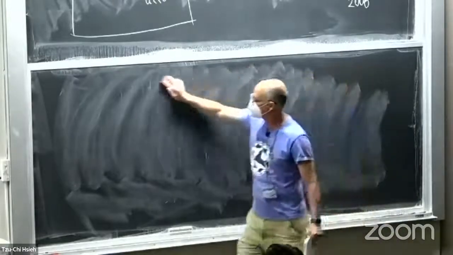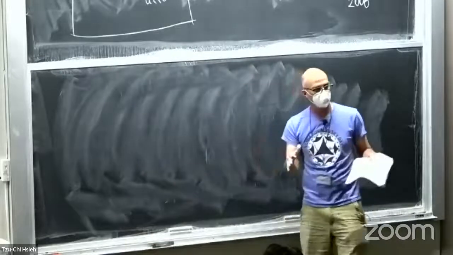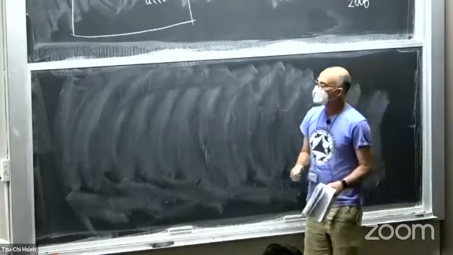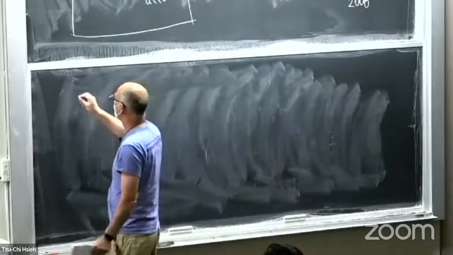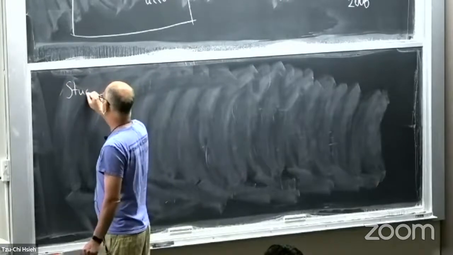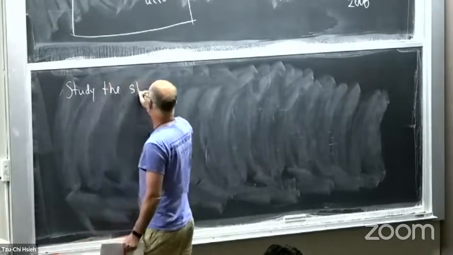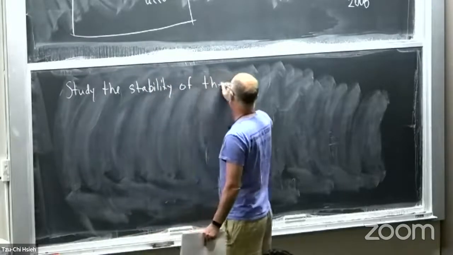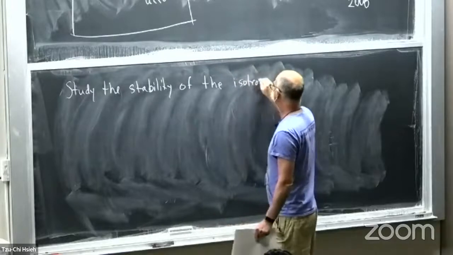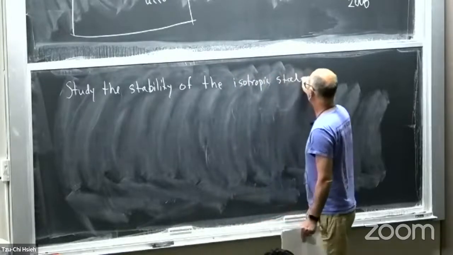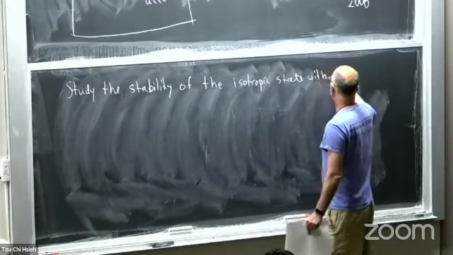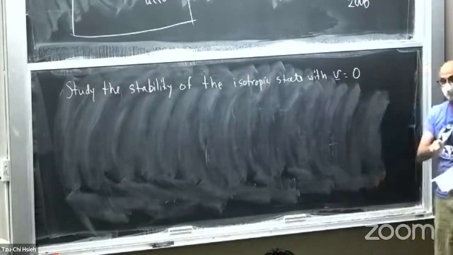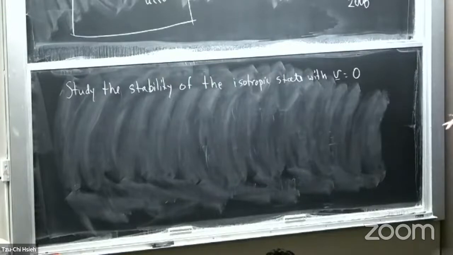So even though I said it's dilute, we're now working with a continuum model where we imagine that everything, like the concentration, is uniform. So what we're going to do is study the stability of the isotropic state with V equals 0. So what does that mean for V equals 0 when the swimmers are all swimming around? It just means that the velocity at any volume averages to 0. You have a question, Leo?